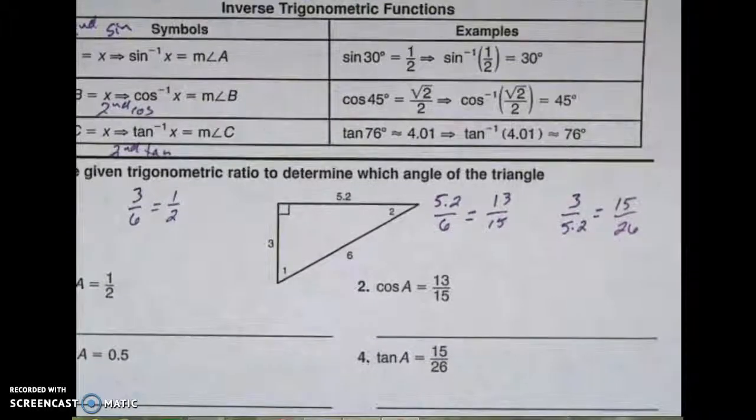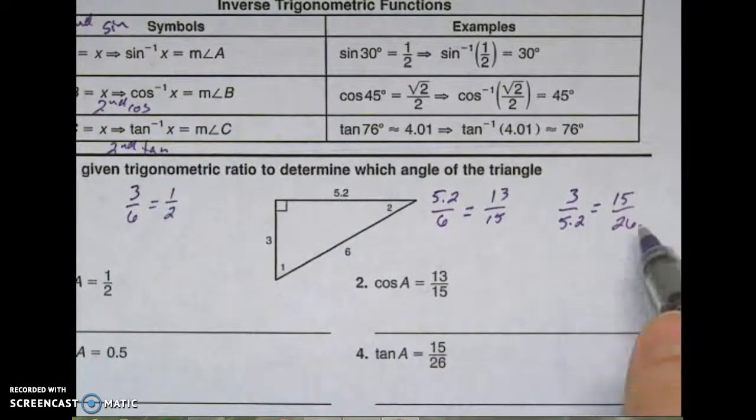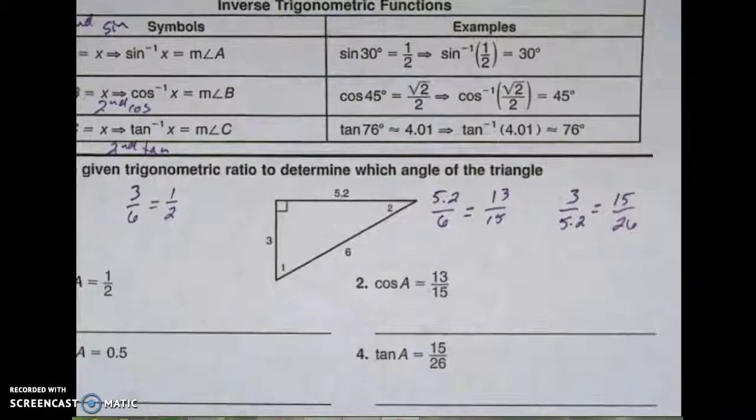Or I could have the tangent ratio of 5.2 over 3, which would be the reciprocal of that number. So having those numbers worked out is going to help us out.